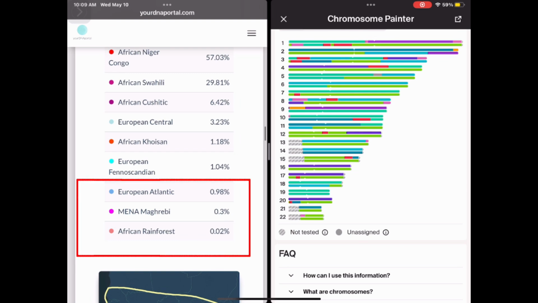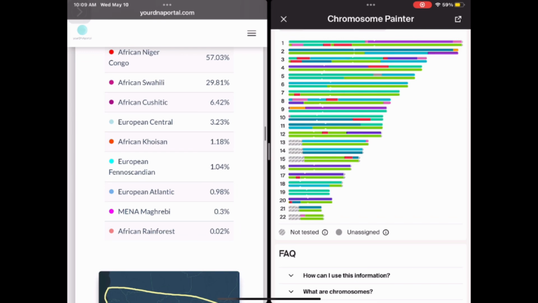Chromosome 9 is showing European Atlantic 0.98%, MENA Maghrebi at 0.3%, and African Rainforest at 0.02%.